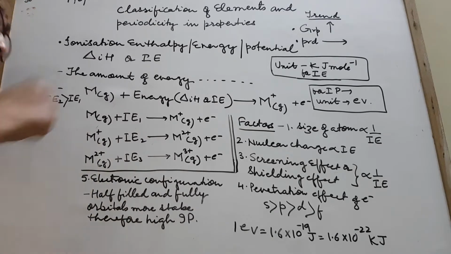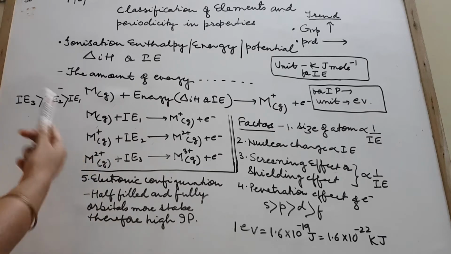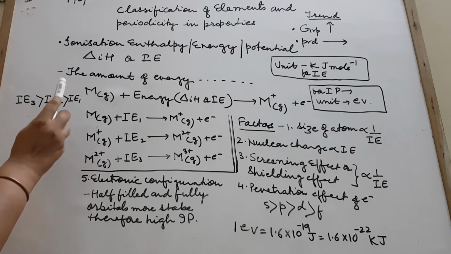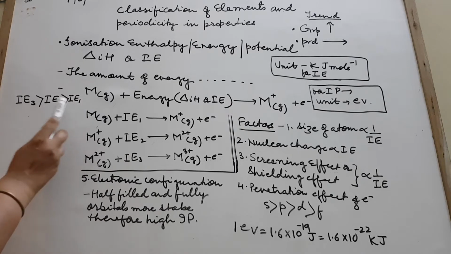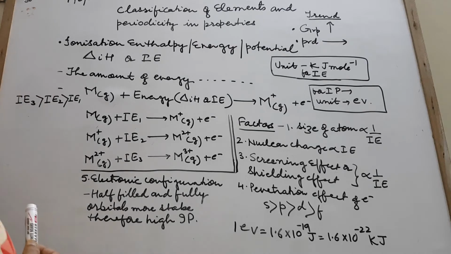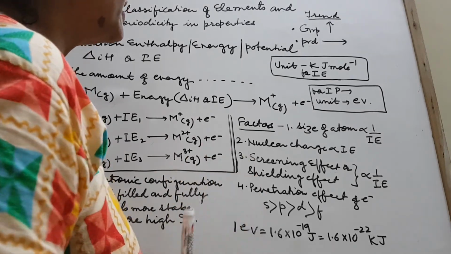The third will be further more tightly bound, so naturally more energy will be required. So I hope this point is clear to you, that first IE will always be the lowest, and as it goes on, I2, I3, the values go on increasing. That was one point you needed to know.